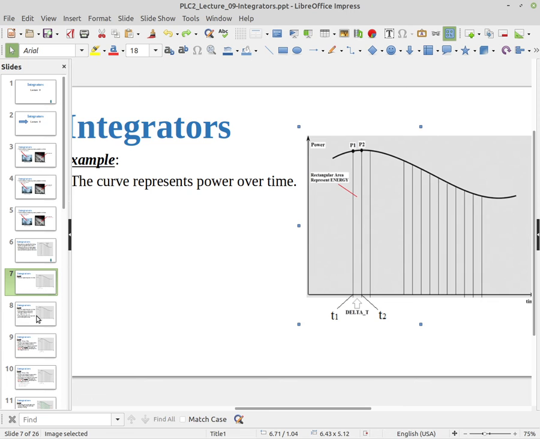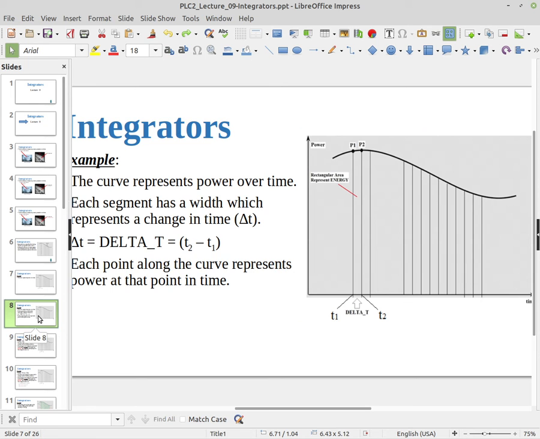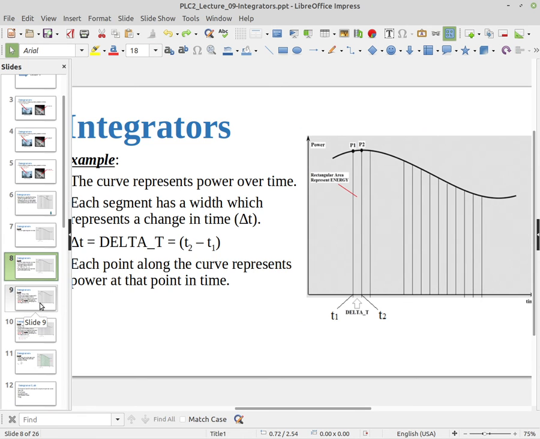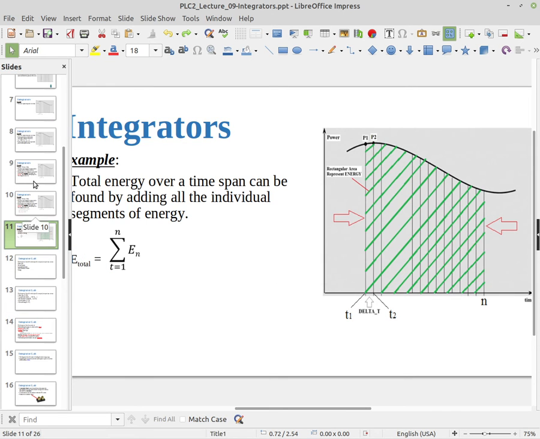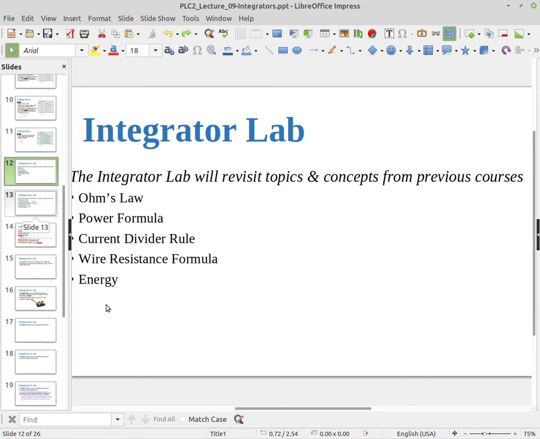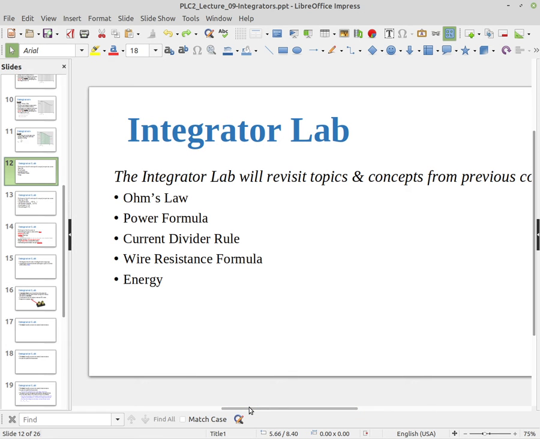So what we're going to basically do here, these next few slides just try to walk you through calculating the area of a simple trapezoid. But in our next lab, our integrator lab, we're going to kind of pretend we're the electric company, and we have to add up how much energy is being used.